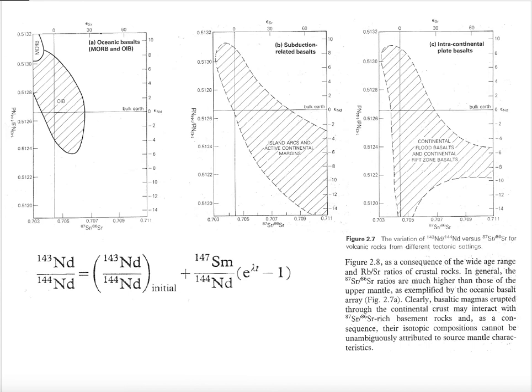Of course, we have a wide range of rubidium-strontium ratios in crustal rocks. Generally, the 87 strontium to 86 strontium ratios are much higher than those of the upper mantle, yeah, therefore we are getting higher values, because we are adding from the crustal side the decay from rubidium to strontium.